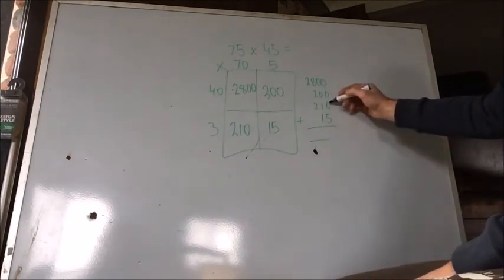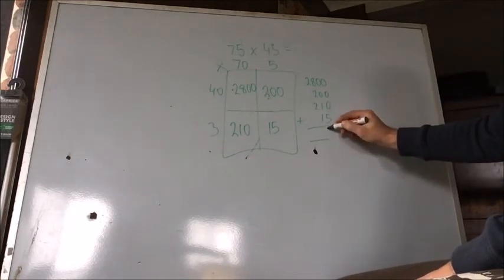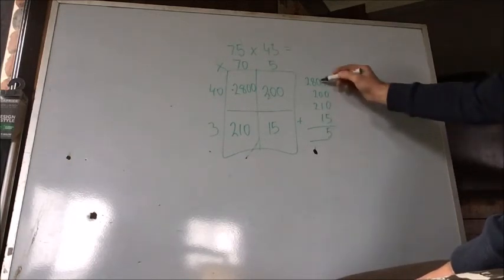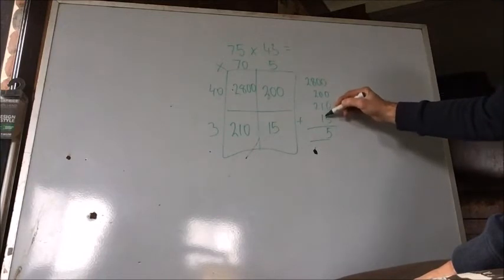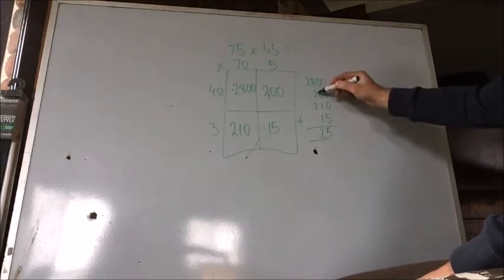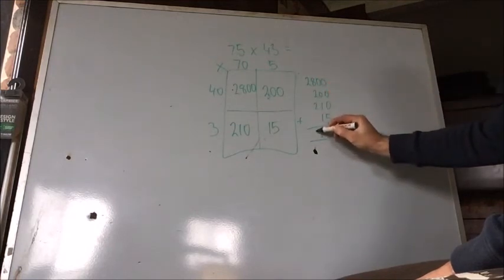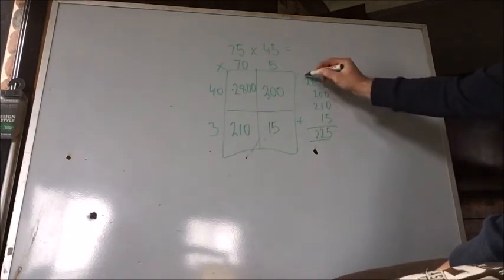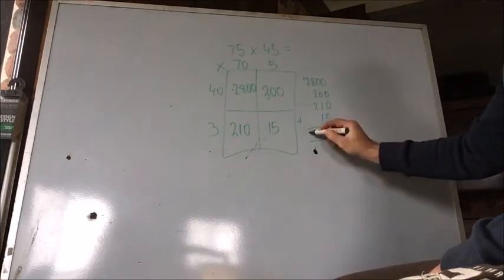So 0 plus 0 plus 0 plus 5, well, that's 5. 0 plus 0 plus 1 plus 1, well, that's 2. 8 plus 2 is 10, plus 2 is 12. So once again, we put down the right-hand side, we carry the 1. And then 1 plus 2 is 3.